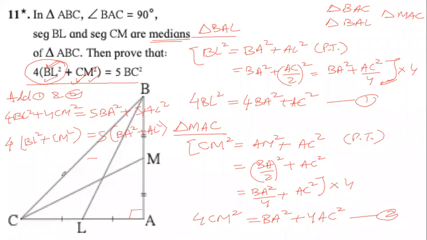Now, finally, if you look at the bigger triangle BAC, which is a right angle triangle in which BA square plus AC square is BC square. So we will say BC square, and we have proved it. Pythagoras theorem, with a lot of algebra and addition of equations, as simple as that.